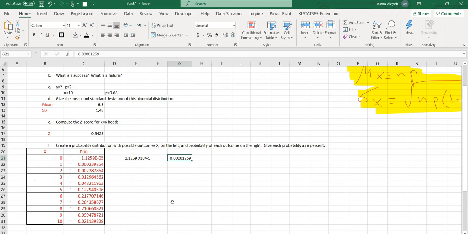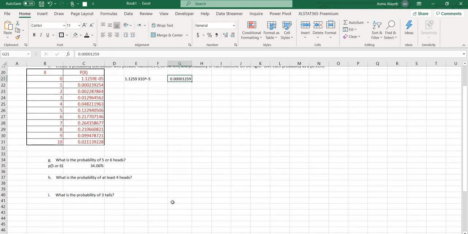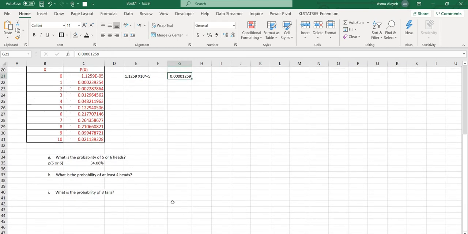Now, we easily can answer the following questions because of the two facts that we know, that the binomial probability distribution events are independent. The trials are independent and the events are mutually exclusive. So we're going to use the addition rule and the multiplication rule without worrying about overlapping of the events.